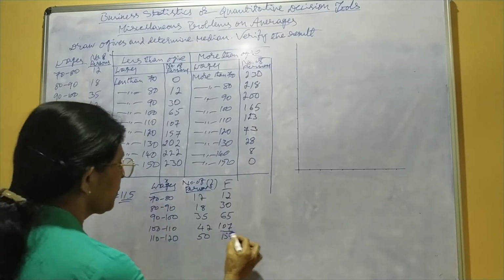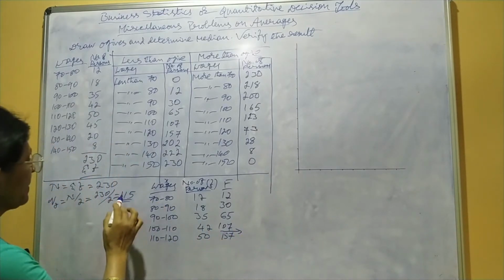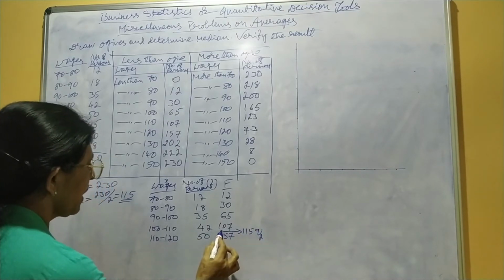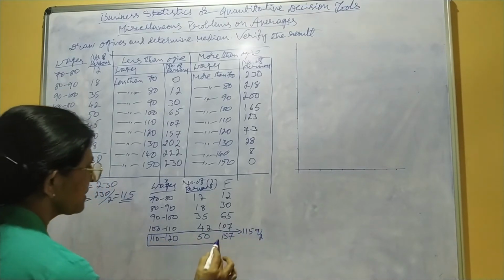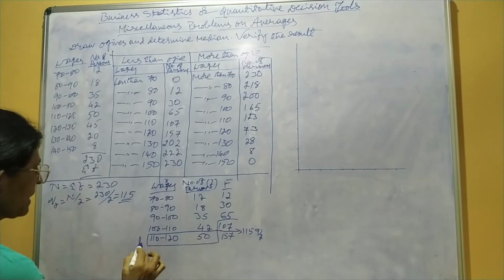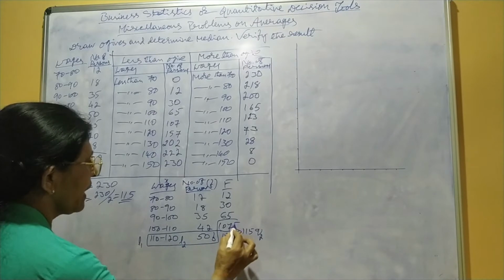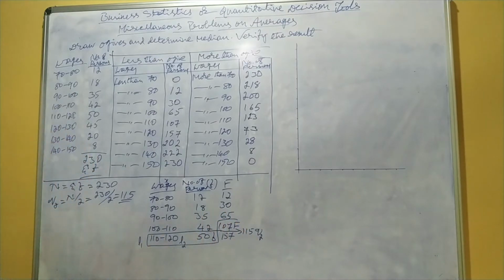Now locate Q2 in the cumulative frequency column, that is 115 Q2. Now take a median class. Median class is 110 to 120, L1, L2, F and capital F. Now you have to apply the formula.